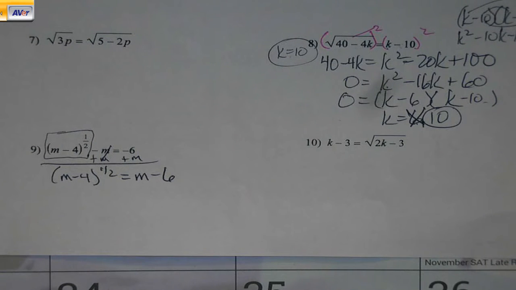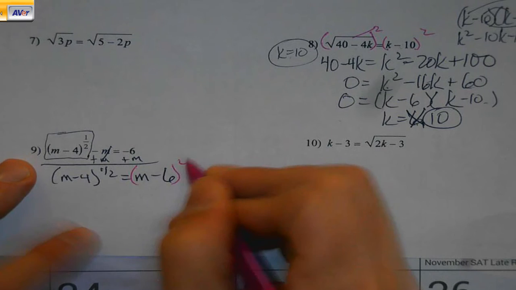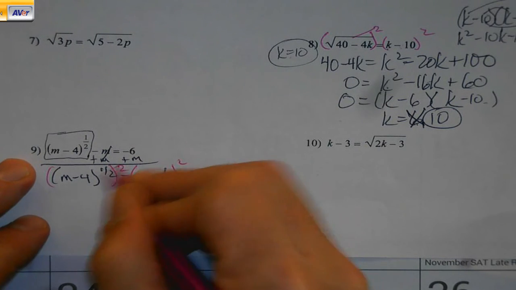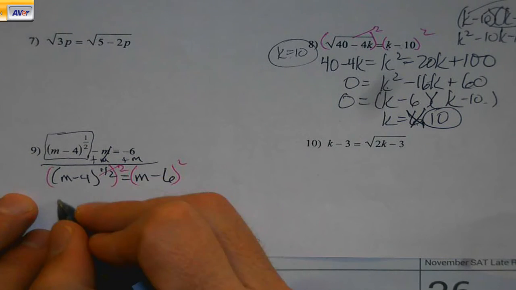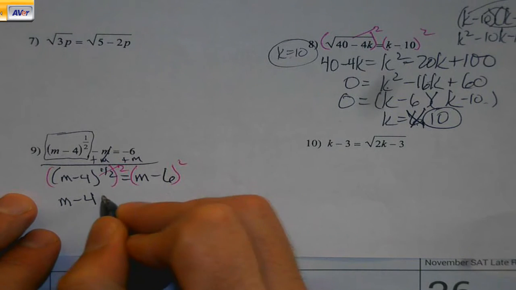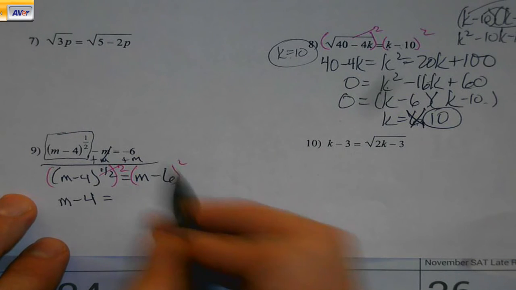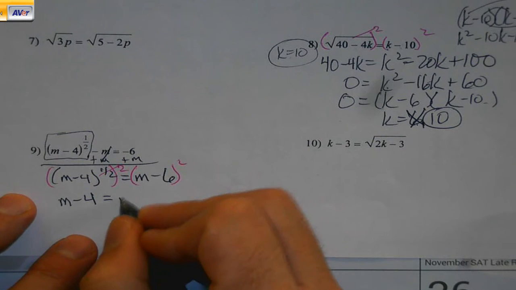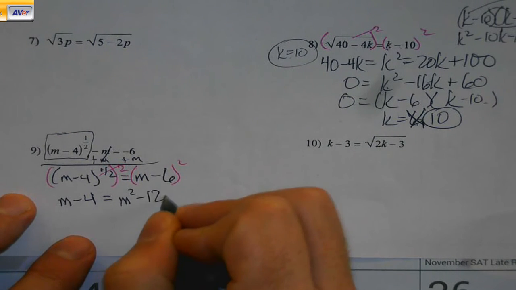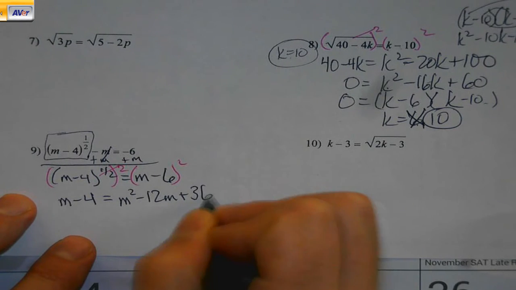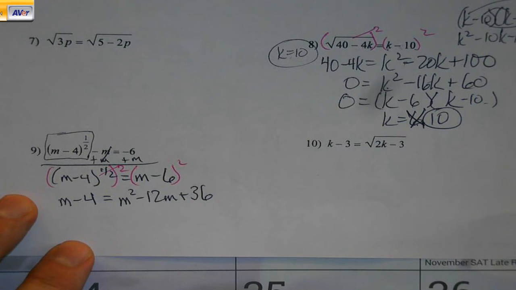Okay, now it's looking a little bit more like the last one we did. We'll get this squared. To help on time a little bit here, I will do the foiling for you. And now we're basically in the same situation we were on 8 once we made that small adjustment.